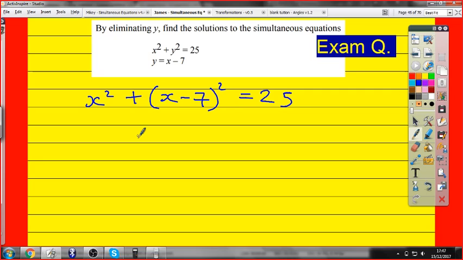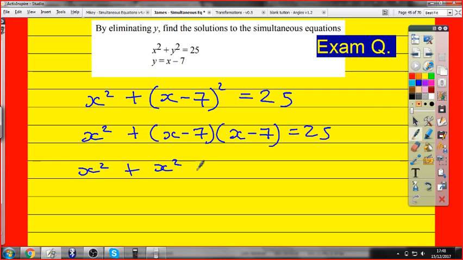So it's going to be x minus 7 squared. The way I recommend you expand square brackets is you just write the bracket twice and expand it as normal. So what would you get if you expanded those brackets? X squared add... Wait, so you're just doing x times 14?